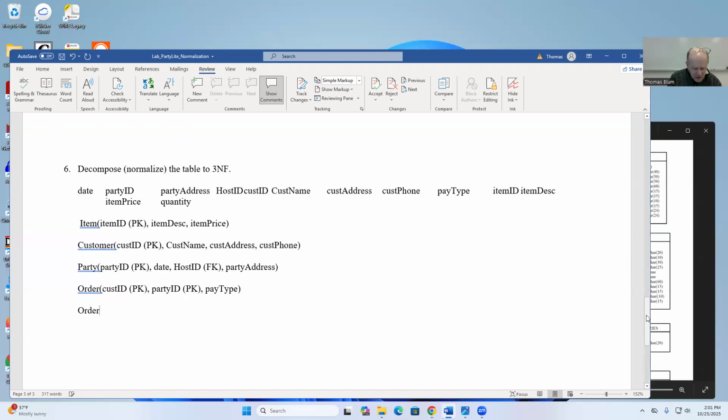I think I'll call it order item. And we know that that needs the order ID. And I don't have an order ID. I'm using this combination. Might be better if I introduce an order ID, so I have to think about it. But for now, I'll just stick with what I've got.